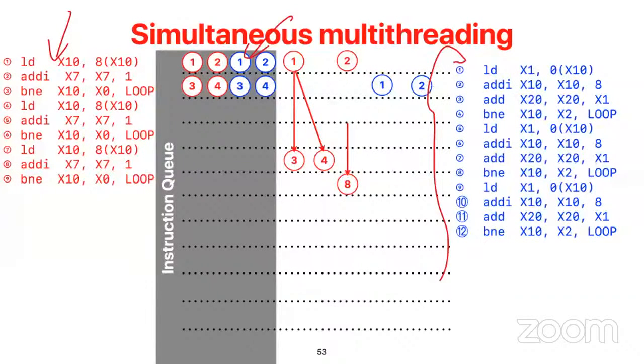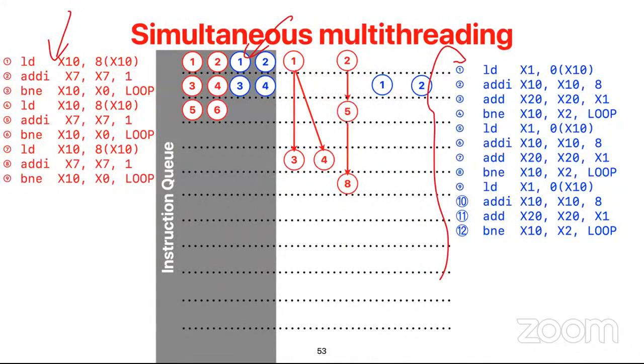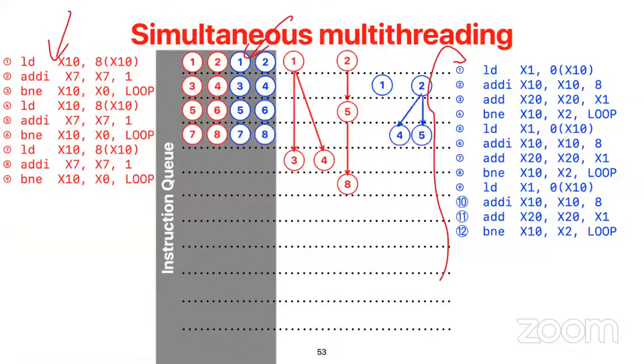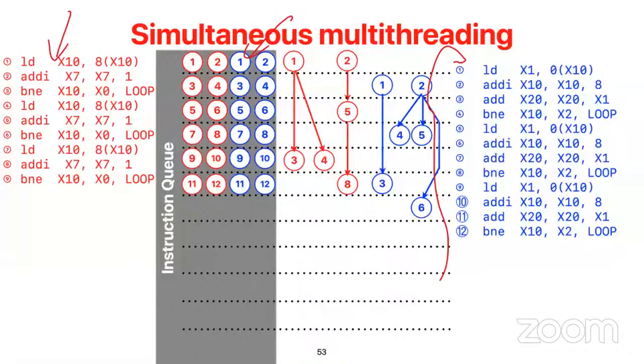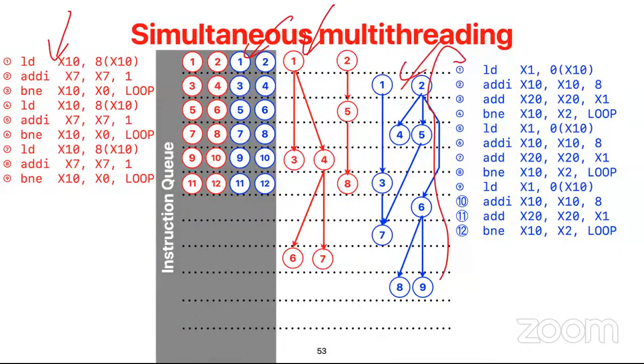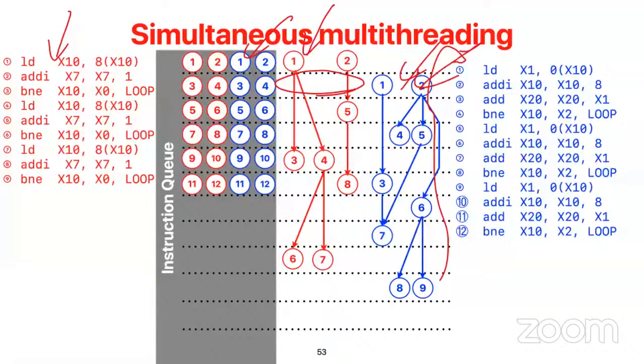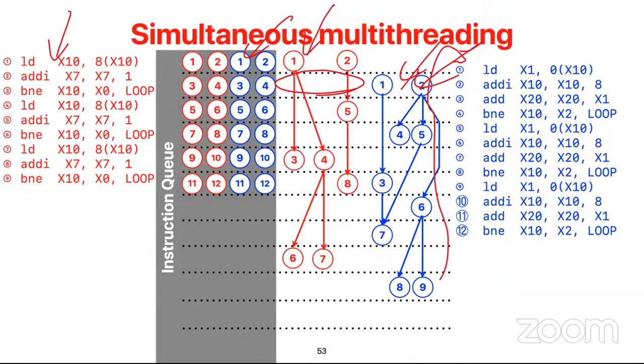As long as I have free issue slots, I can put instructions from the other threads, or say the other processes, in my processor pipeline. So it still spends the same amount of time to execute this linked list code, but in the meantime, I use my free issue slots to make progress for the other threads. So my processor is fully utilized, and it's just a single processor, but I can do more things in the meantime. That's the basic idea of simultaneous multi-threading.